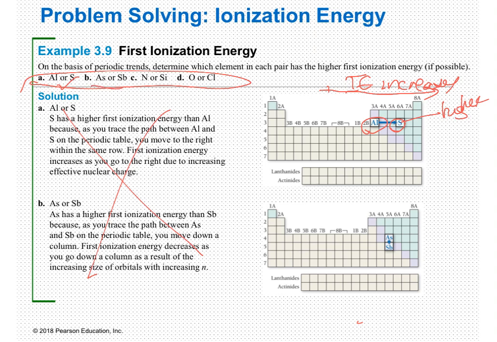And in the second one, arsenic and antimony are in the same group. And so the trend for ionization energy going from top to bottom is ionization energy decreases. It gets easier to remove an electron the farther down in the periodic table because the electrons are in energy levels that are farther away from the nucleus and more loosely held.